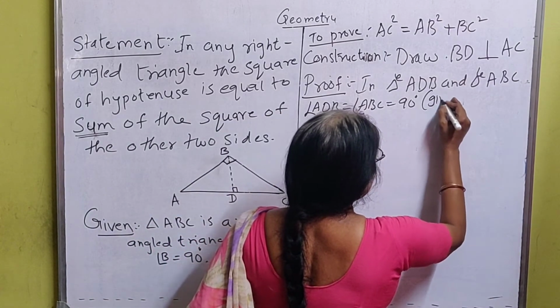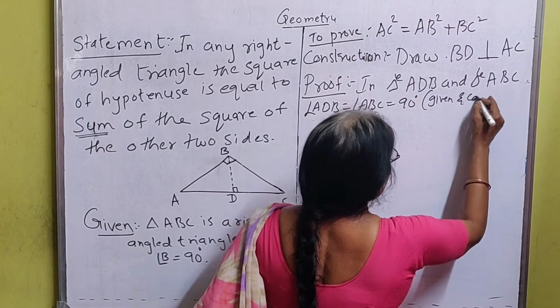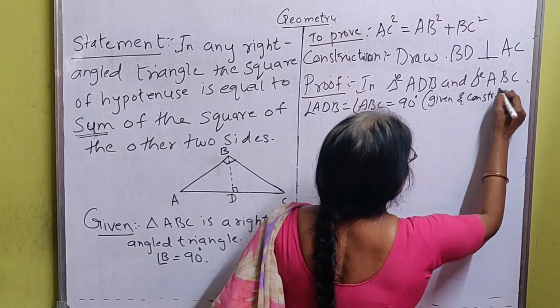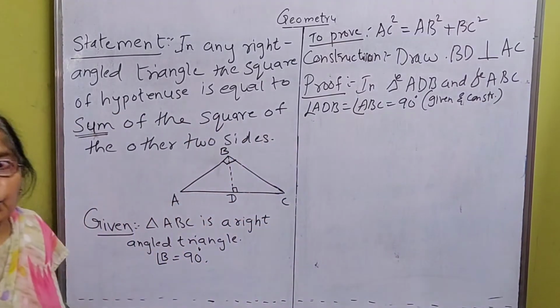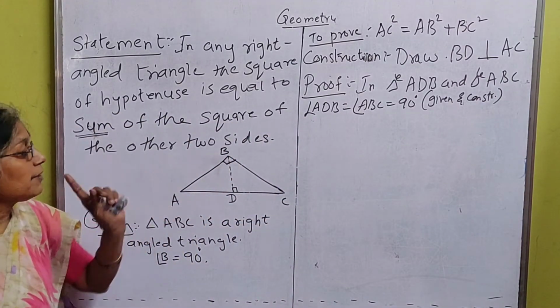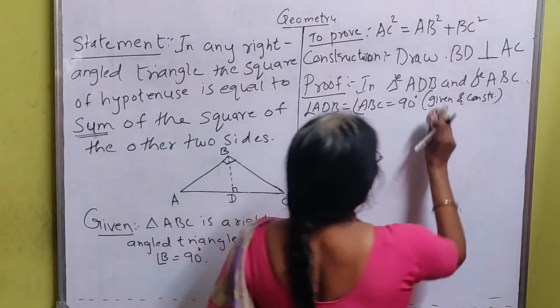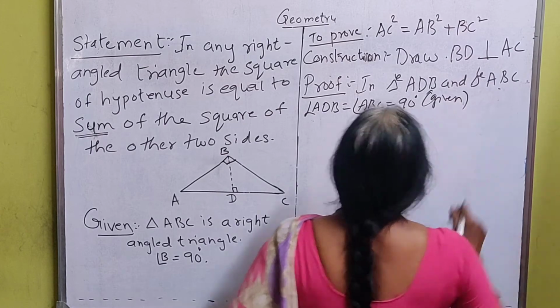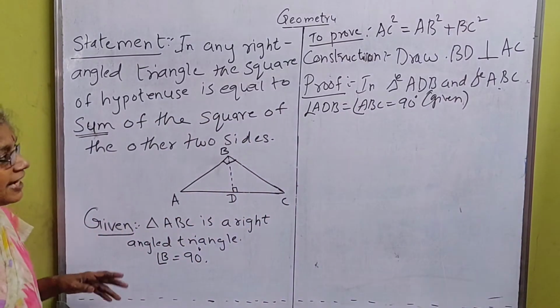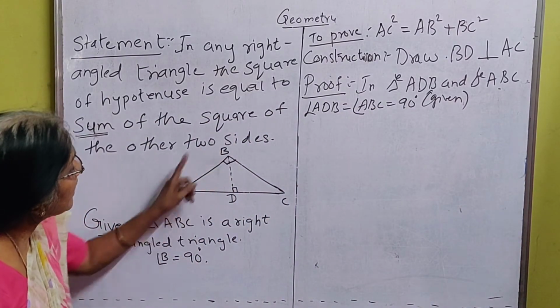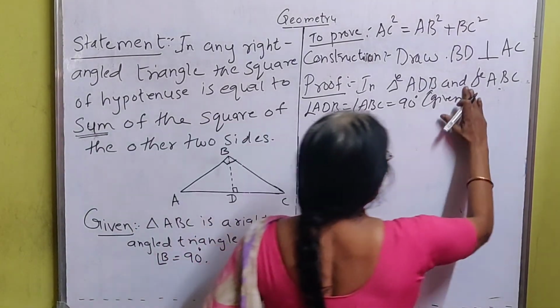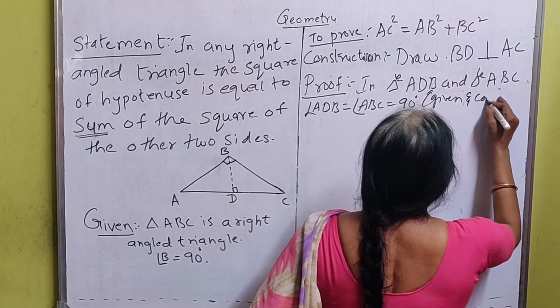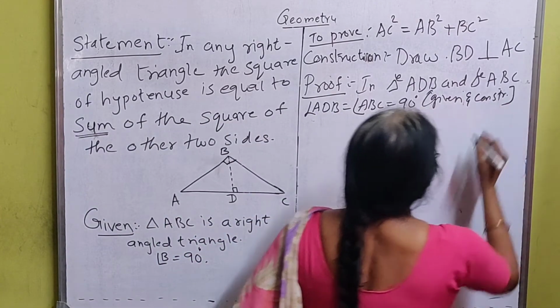The reason is given and construction. Through construction and through given, we can prove that it is 90 degrees. So once again, angle ADB and angle ABC are 90 degrees because of given and construction.